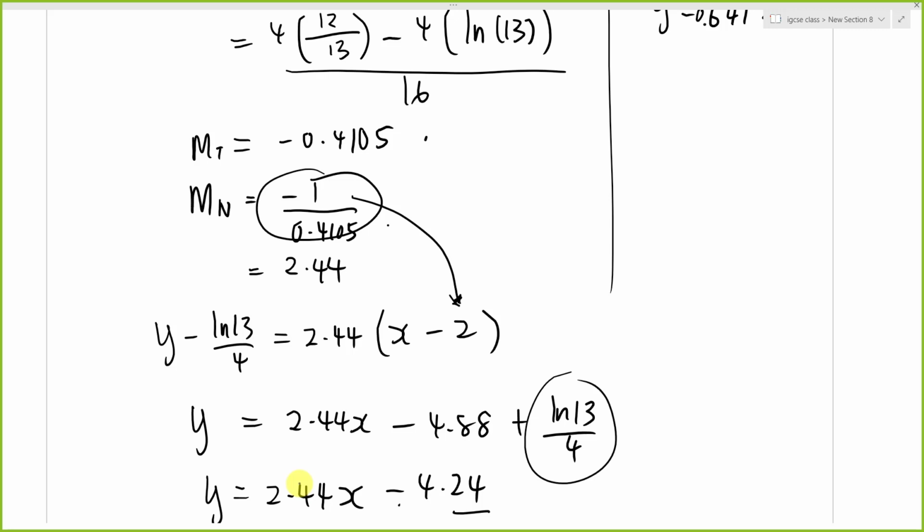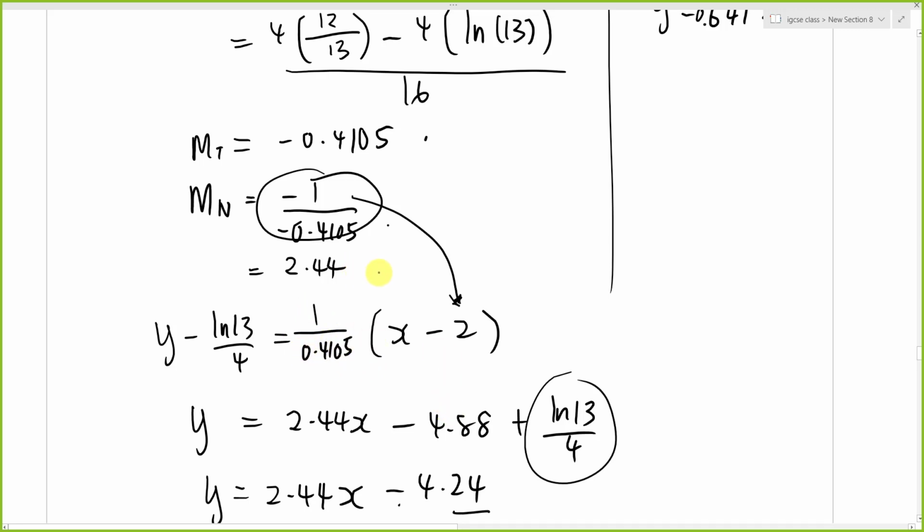Oh, okay. In order to get exactly the same answer as the marking scheme, what you need to do is, you cannot use the 2.44 here yet. You must use this one: negative 1 over negative this value, sorry, so this is positive 1 over 0.4105.